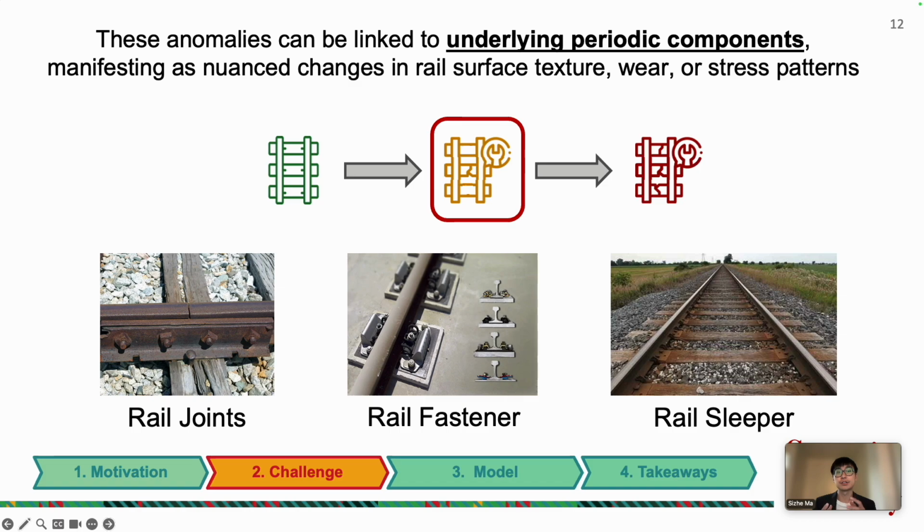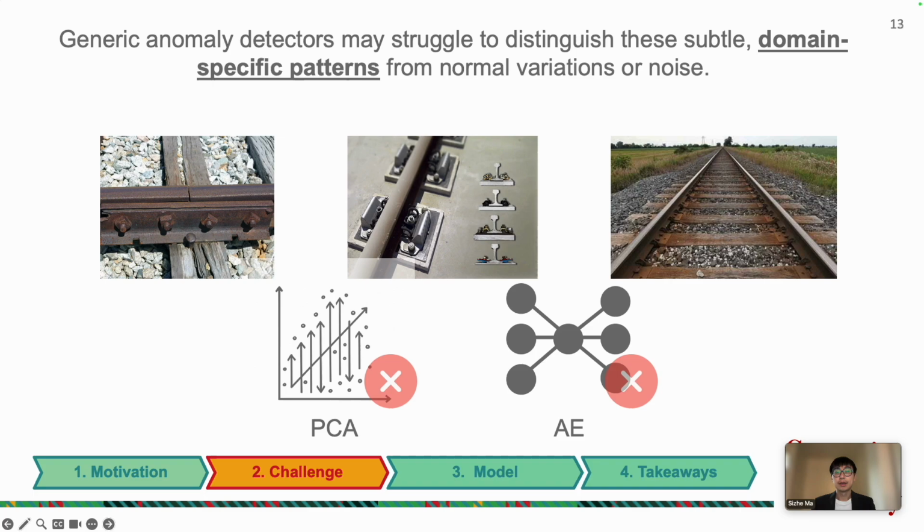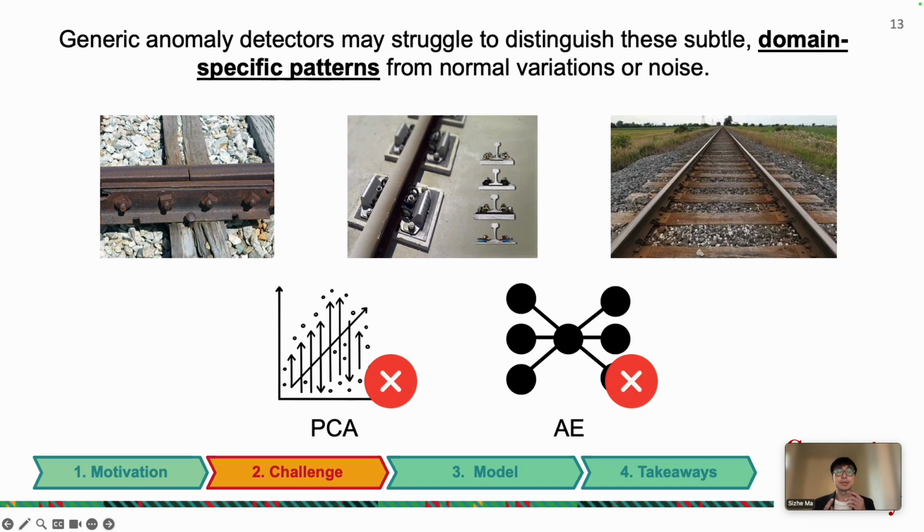These subtle issues frequently manifest around periodic components like rail joints, fasteners, and sleepers, and they often appear as nuanced changes in rail surface texture, wear, or stress patterns. Generic detectors like PCA or standard autoencoders often struggle here because they lack sensitivity to these domain-specific patterns that blend in with normal variations and noise.